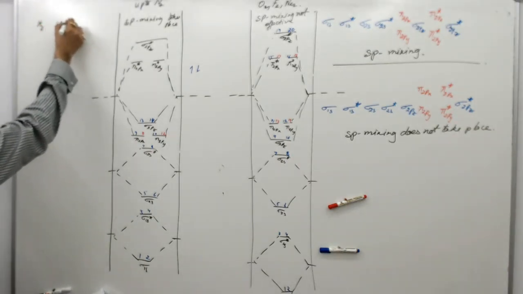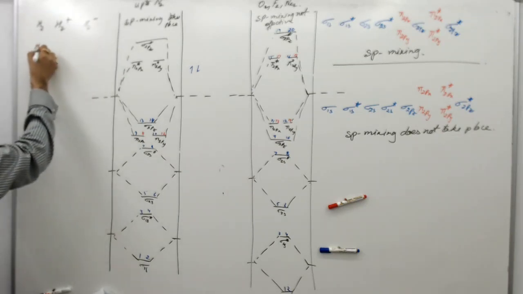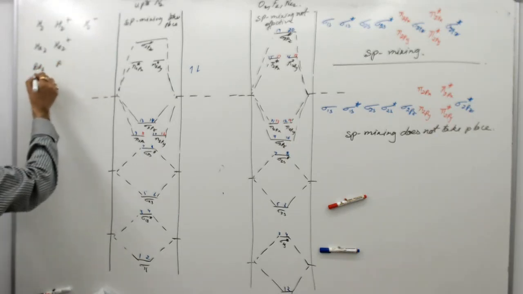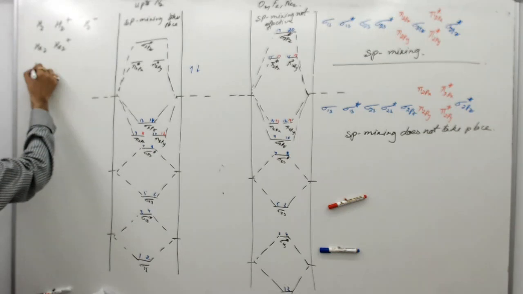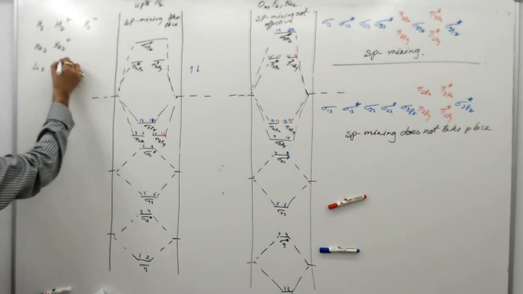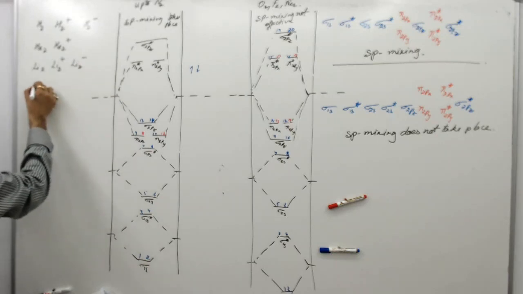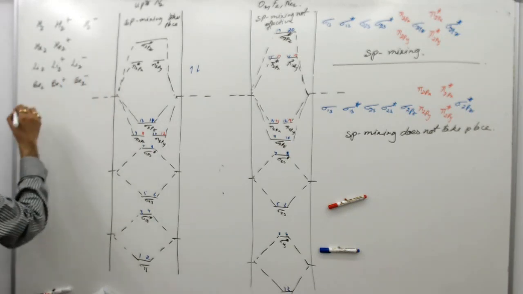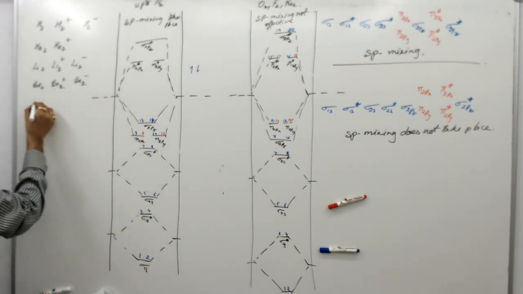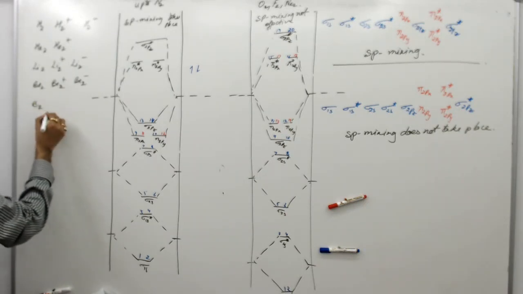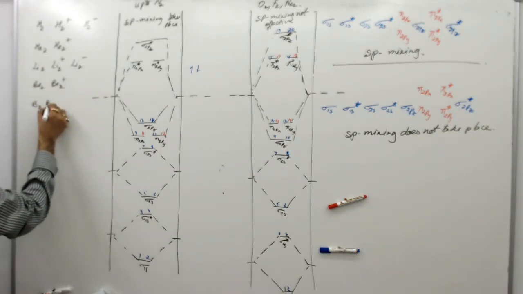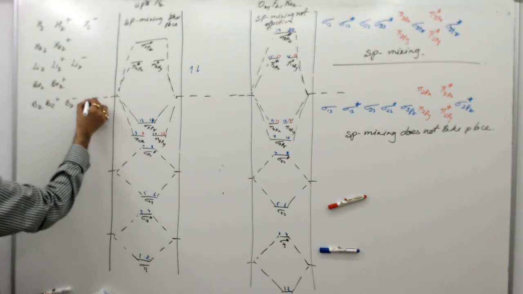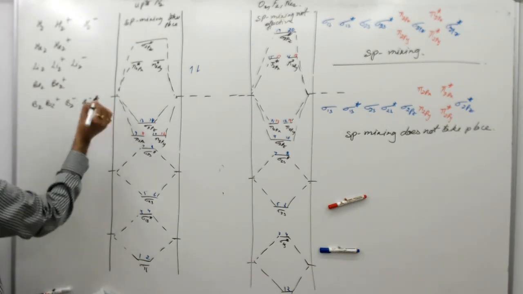H2, H2 plus, H2 minus, He2, He2 plus, Be2, not Be2. First would be Li2, Li2 plus, Li2 minus, Be2, Be2 plus, Be2 minus, let's say. Then we have B2, B2 plus, B2 minus, B2 minus minus.